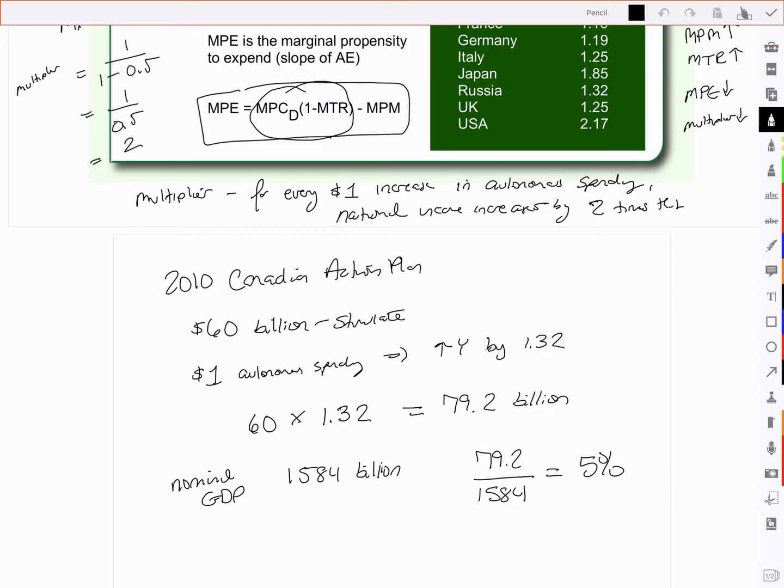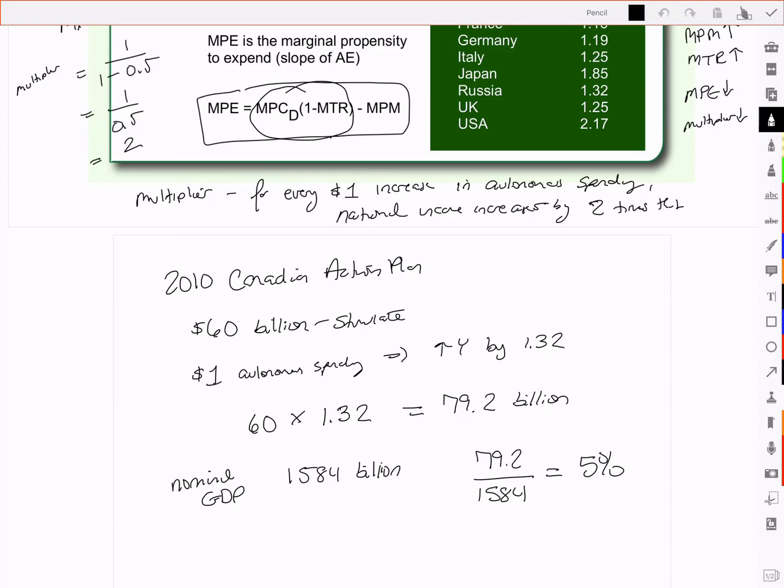So if the Canadian government spends $60 billion to stimulate the economy $79.2 billion, if we look at these multipliers, which country would require more government spending to get the same stimulus effect? Will we need the multiplier to be bigger or smaller? Well, $60 billion stimulated the economy $79.2 billion, 1.32. If we had a larger multiplier, say our multiplier was 2 instead, then $60 billion would become $120 billion.